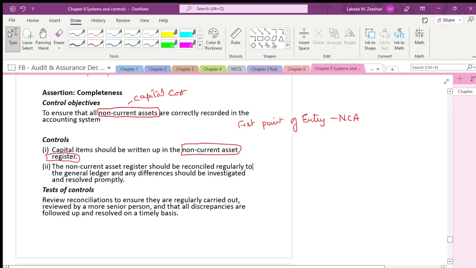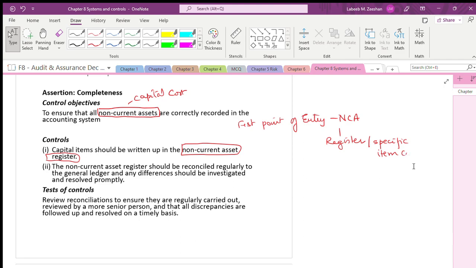They will have a non-current register, and they have the specific item code. The moment we talk about non-current assets, first and foremost we have to mention whether it has been entered in the non-current asset register.